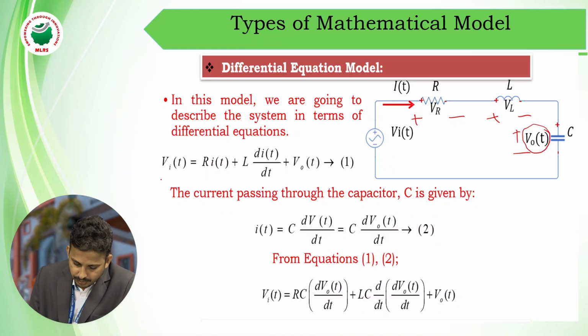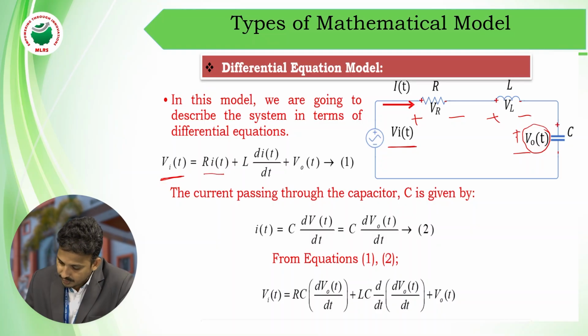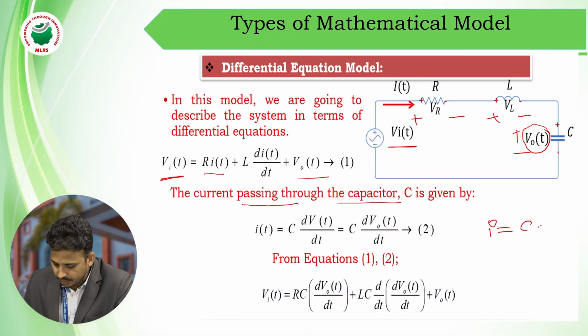Applying KVL, input vi of t is equal to R into i of t, the voltage across the resistor, plus L into di by dt, the voltage across the inductor, plus v naught, which is the output, the voltage across the capacitor. Now the current passing through the capacitor is i equal to C into dV by dt. Substitute this i value here.